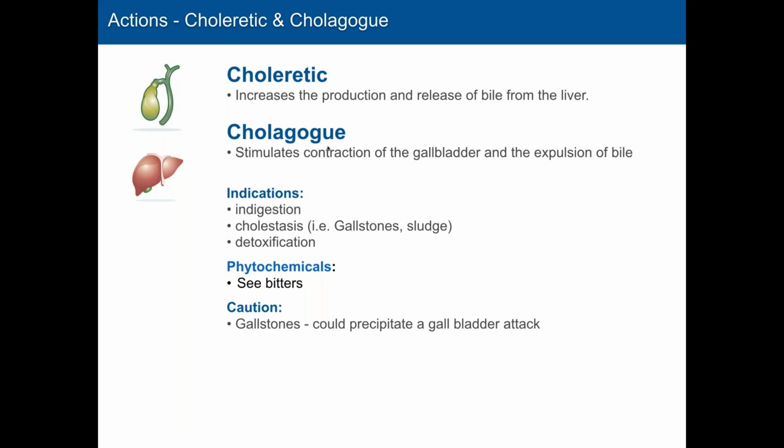It'll act as a stool softener, which isn't necessarily a bad thing if your bowels are a little sluggish, but it can also create some urgency, discomfort and digestive pain. So if you're getting indigestion because you've eaten a really heavy fatty meal, stimulating bile will help absorb that fat, improve the digestion of it, and get things moving along. Because too much fat, if it just sits in your stomach, can lead to reflux and other problems as well.